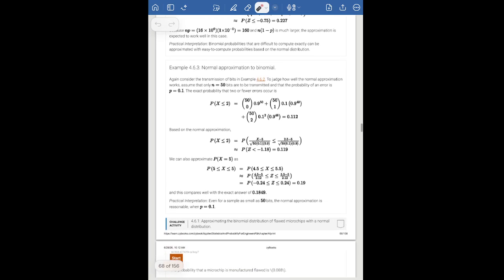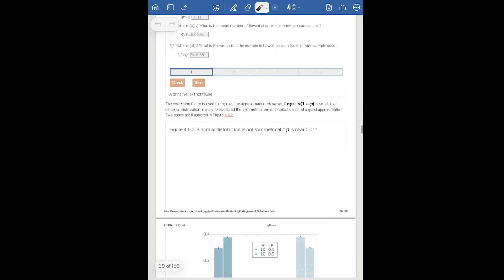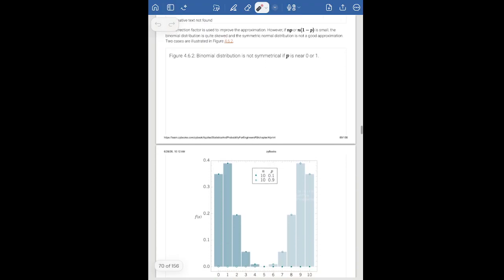In the 4.6.2 example, we have another example where they're utilizing the formulas to show that approximation of the binomial using the normal. Now, a binomial distribution is not symmetrical if p is near 0 or 1.